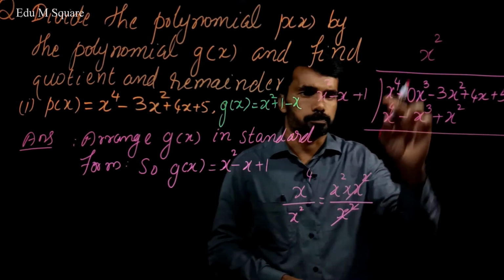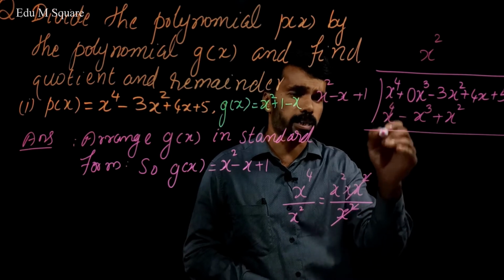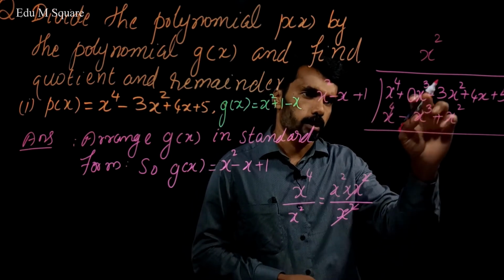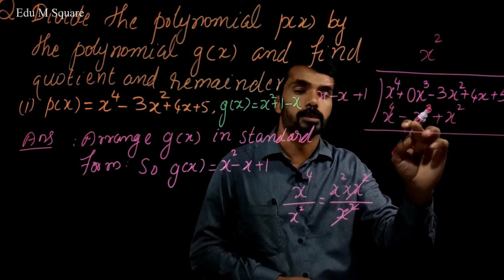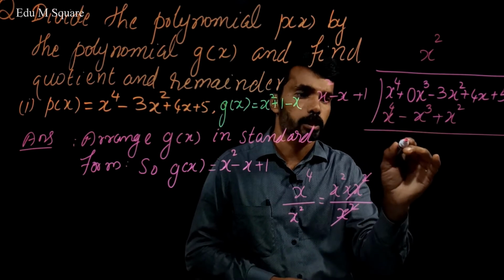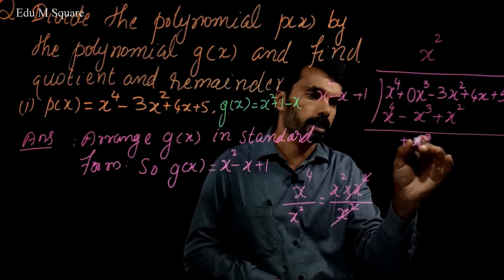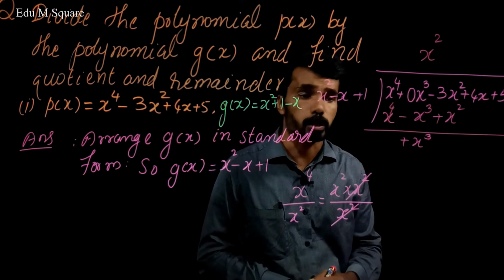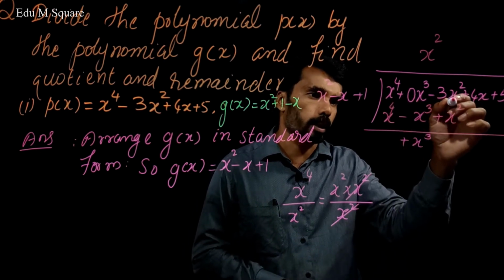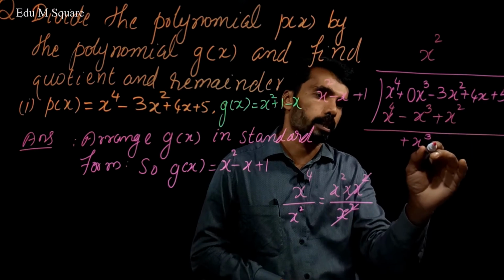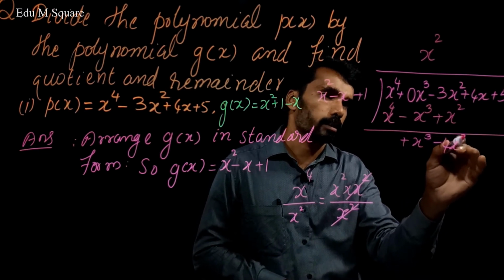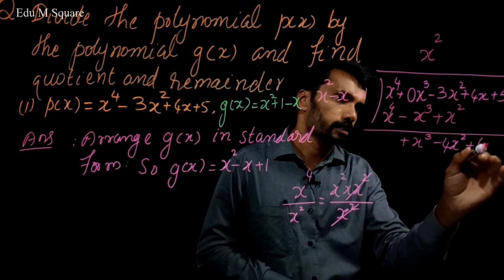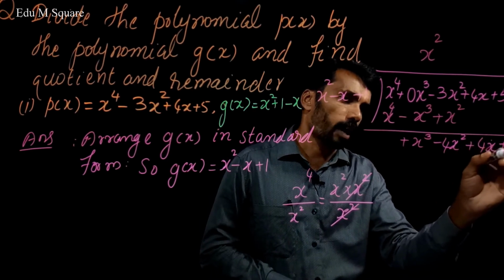So x raised to 4 minus x raised to 4, 0. 0 x cube minus x cube, so it is plus x cube. That is, we just change the sign of this and add it. So plus x cube. Then 3x square minus x square, that is minus 4x square plus 4x plus 5.